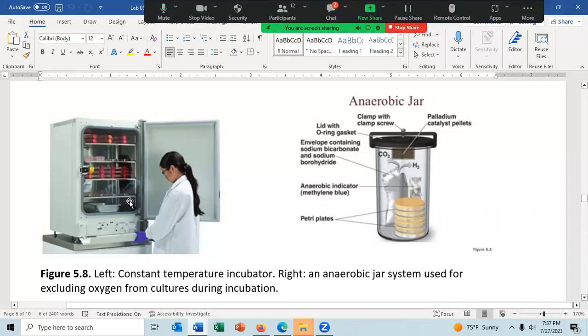The problem with an incubator is you have to open the door to put things in and out, and obviously oxygen can get in. So that's the advantage of an anaerobic jar: oxygen will not get in until you literally open the jar up.